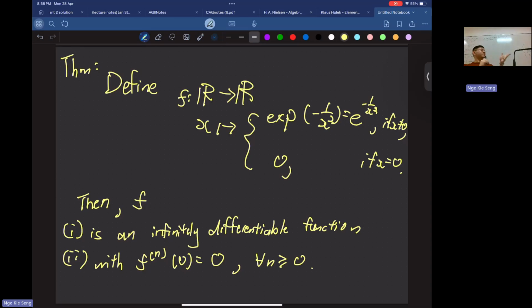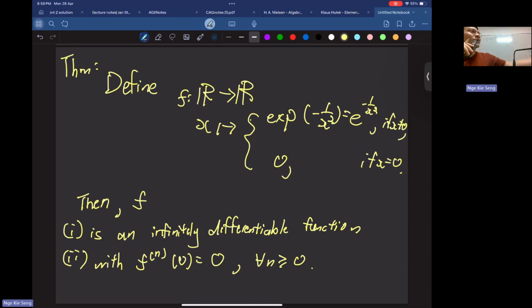Okay, so this function here, first of all, why is it piecewise? Piecewise implies different cases. So why do we want to make it different cases? Good, 1 over 0 is undefined.